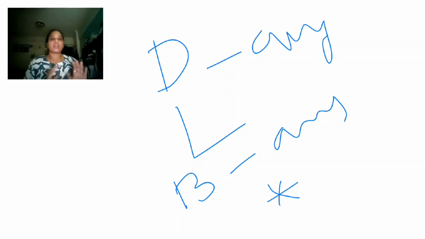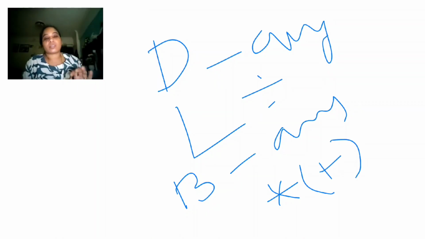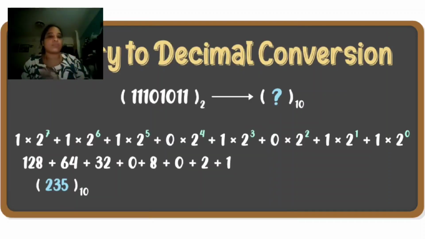So here we are using only two methods, divide and multiplication. After multiplication we should add the digits. Here you can see the first example for binary to decimal conversion.